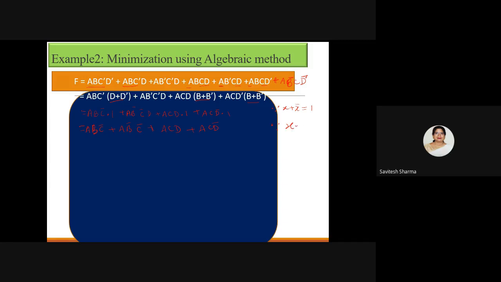I am using x dot 1 is equal to x. This property is called identity property. So please don't jump directly from this step to this step. Please write this step, and mention here that you are using the complement property. Here you mention you are using identity property, and then you further solve.